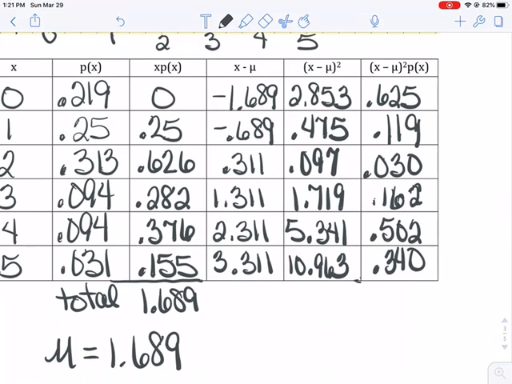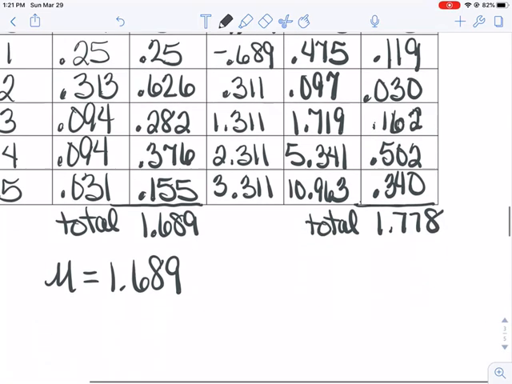Okay, so remember, we're going to take this last column. We're going to total that. Okay, I got 1.778 as our variance.